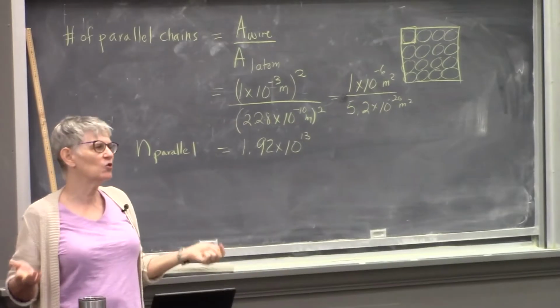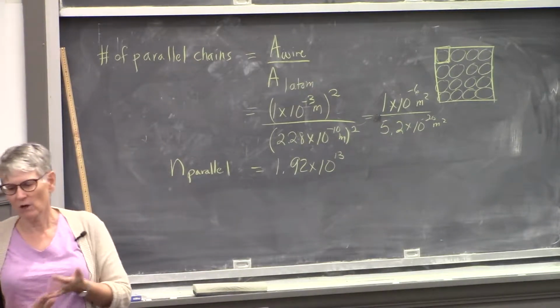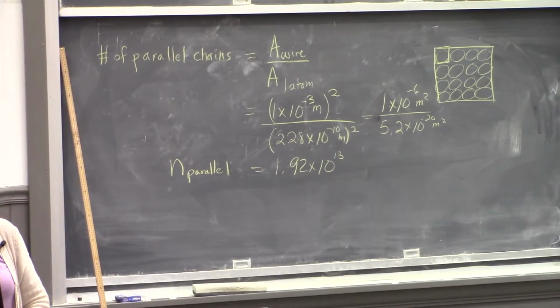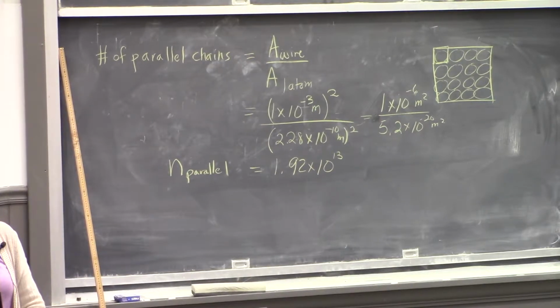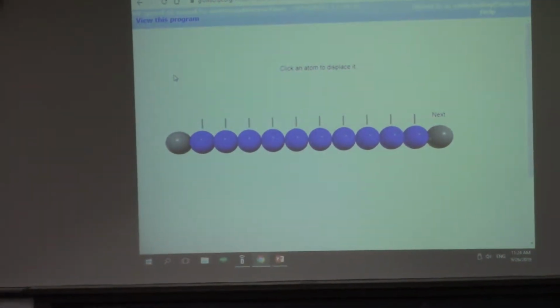Now what can we do with a number like this? Well, we can predict something kind of interesting. So we can predict what's called the speed of sound in a solid.